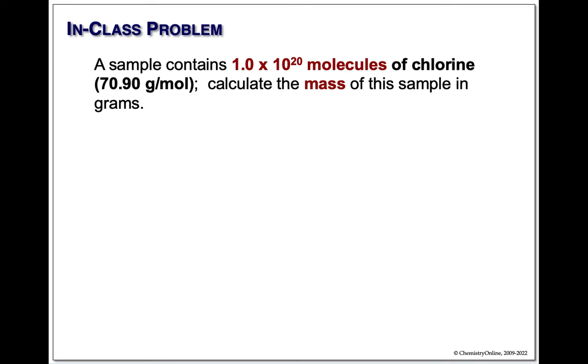This is an old exam question. We have 10 to the 23rd or 10 to the 20 molecules of chlorine. Chlorine is diatomic, so it's Cl2. Average atomic mass, 70.9. What is the mass of this sample?